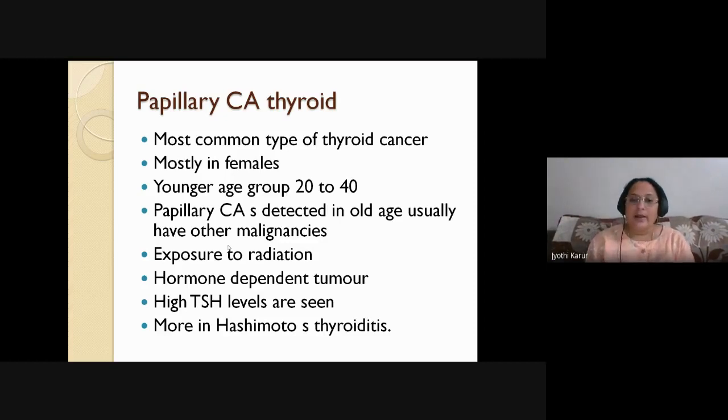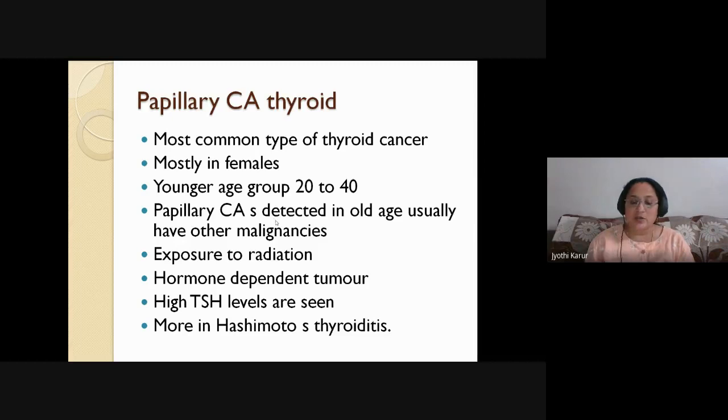It occurs in a younger age group, 20 to 40 years, most commonly around 20 to 30 years. When it is detected in old age, it is usually associated with other malignancies.